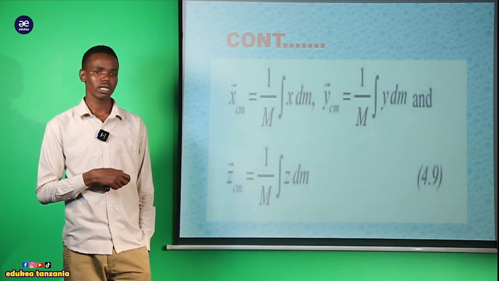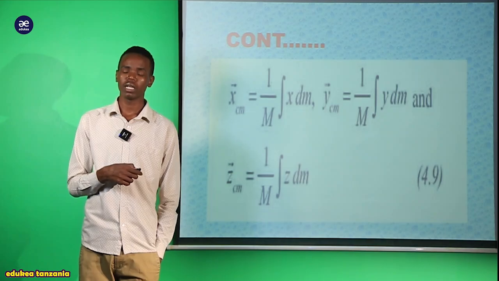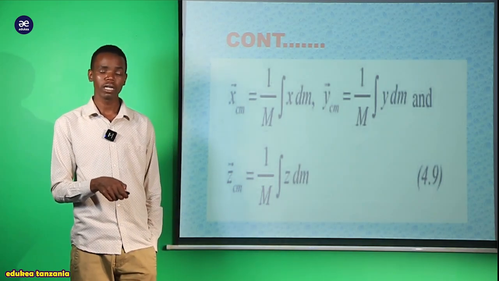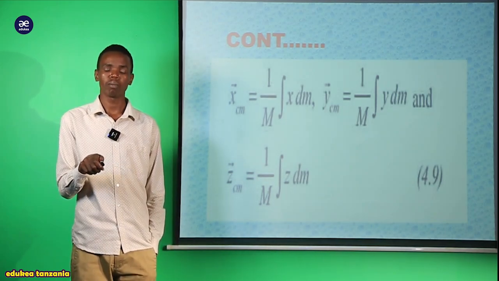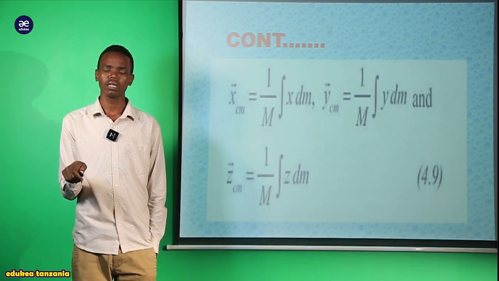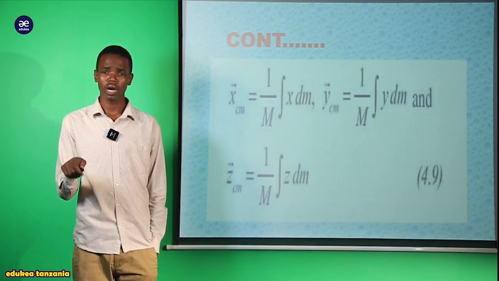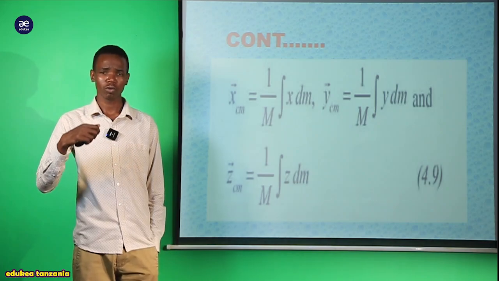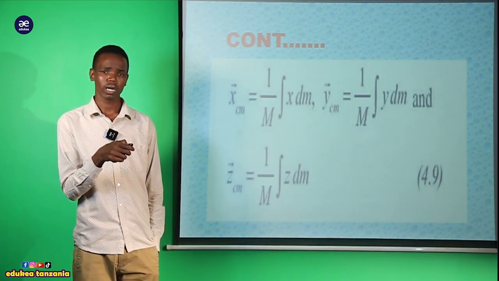How can we combine it? We combine by saying that R cm must be equal to 1 over m, which is common, then the integration of the bracket x plus y plus z, then dm.